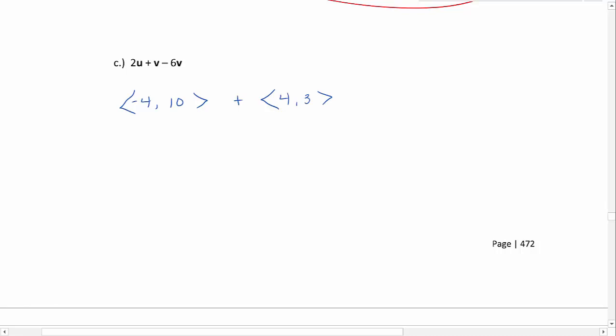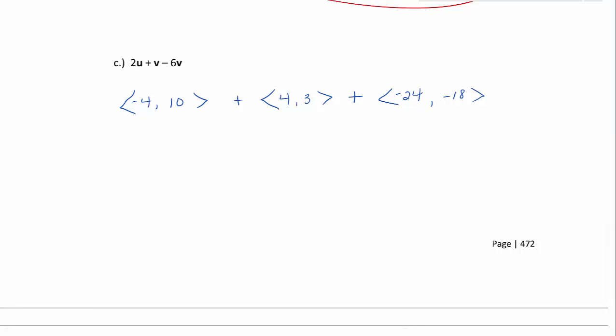And now the next one's minus 6v. Rather than distributing the 6 and then having a minus in between my vectors, I'd be inclined to distribute that negative so then I can just add them up. Distributing a negative 6 into v, we get negative 24 and negative 18.